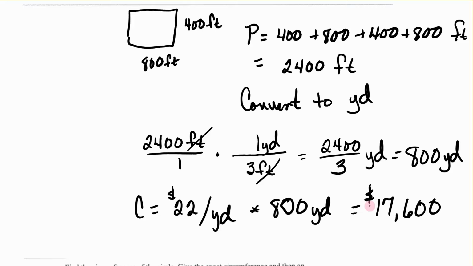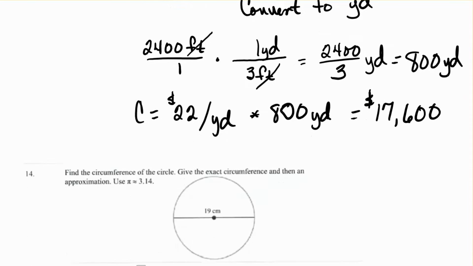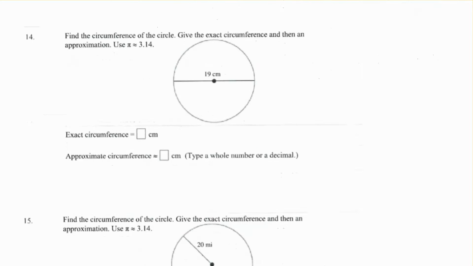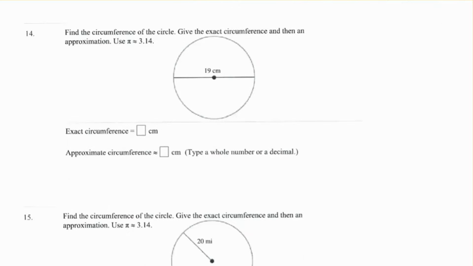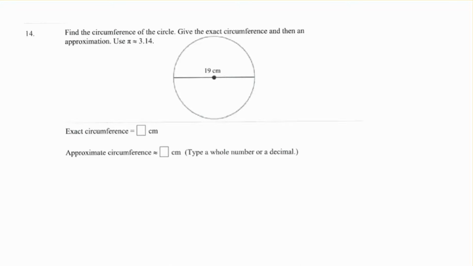All right, now the next questions take us into a different area of geometry. We're going to talk about circles. The distance around a circle is called circumference.